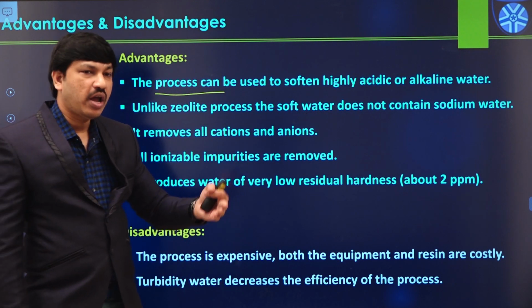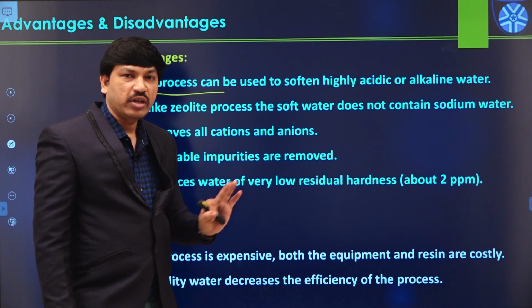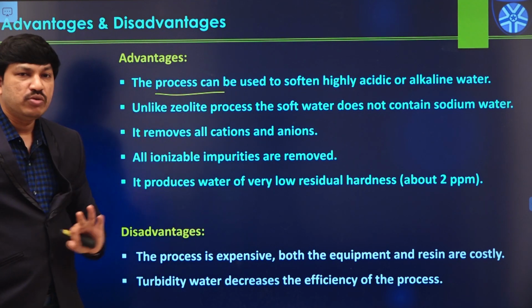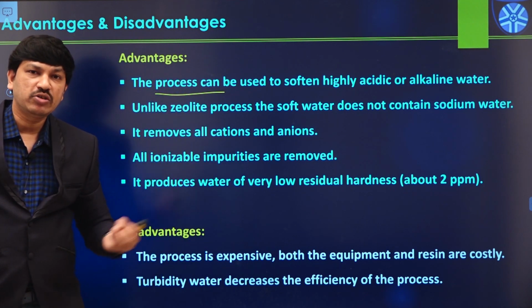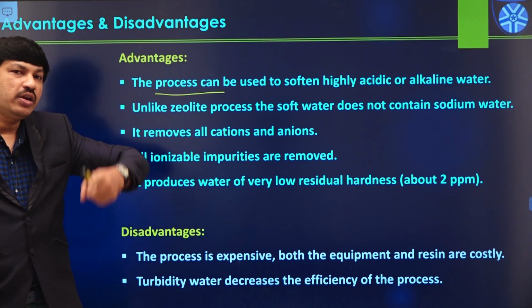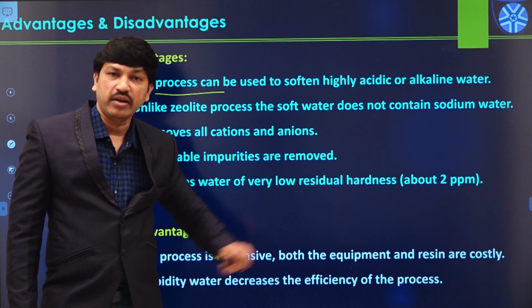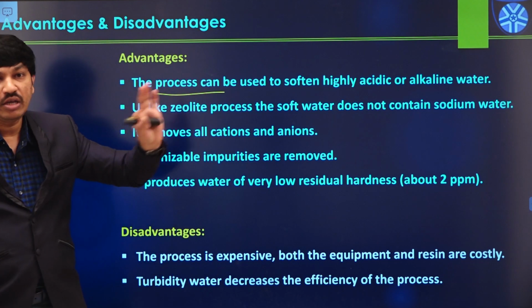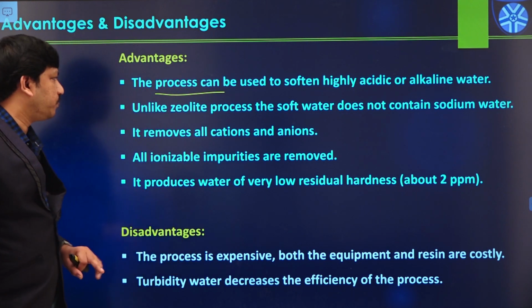Both water samples can be purified by this method, because we are using two different reagents: the cation exchange resin removes all types of cations, and the anion exchange resin removes all types of anions. That means there is no problem whether the given water sample is highly acidic or basic in nature.